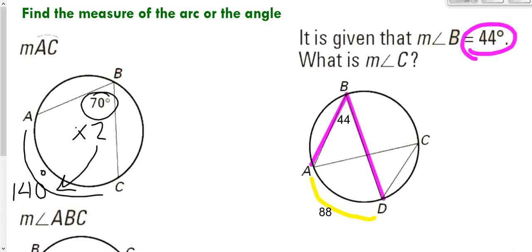It says, what's the measure of angle C? Well, angle C is this angle right here. Notice that these arcs end up at the same point, so that means that this one is also going to be 44 degrees as well. Those are going to be the same.